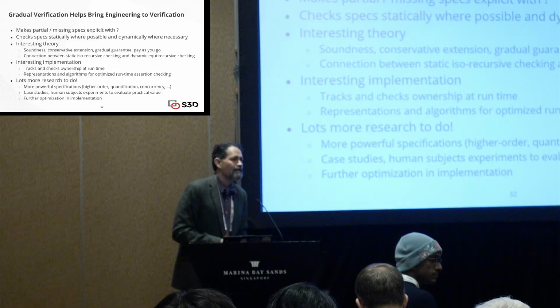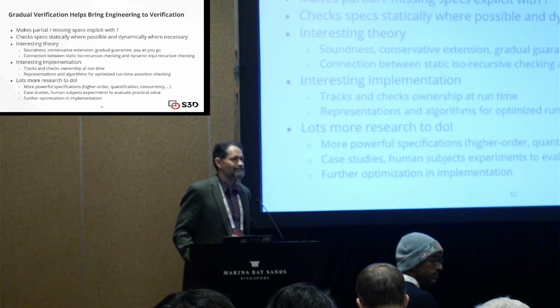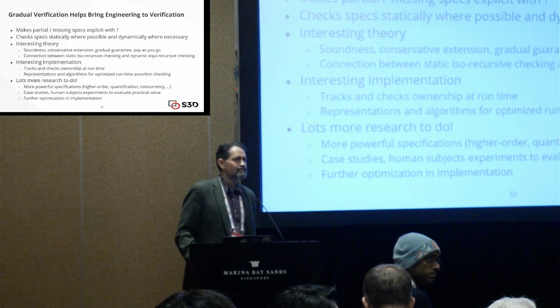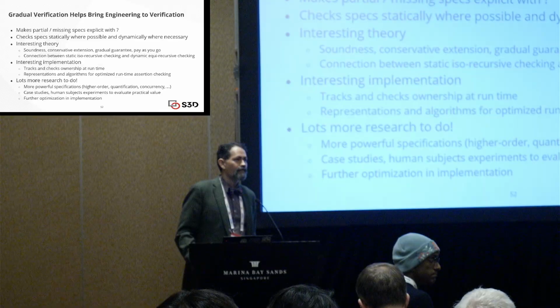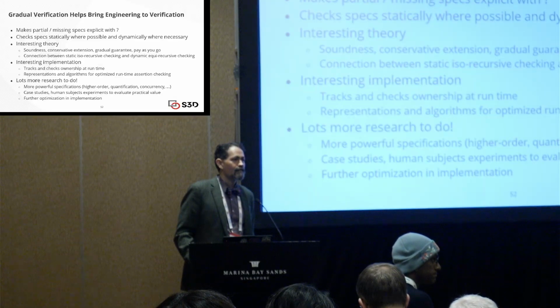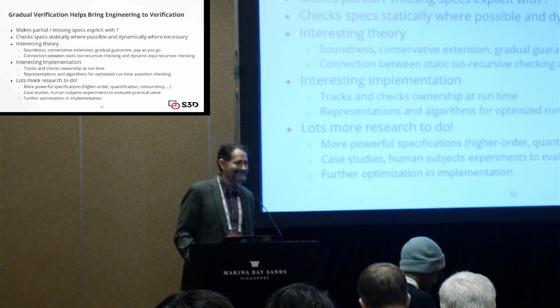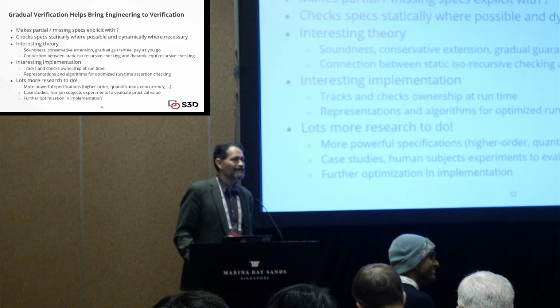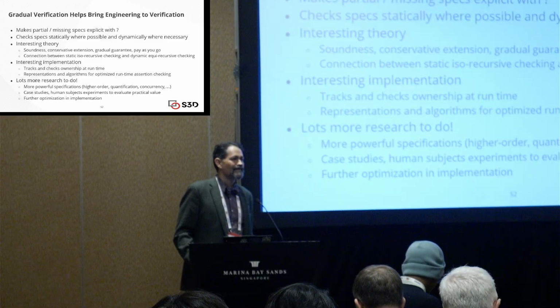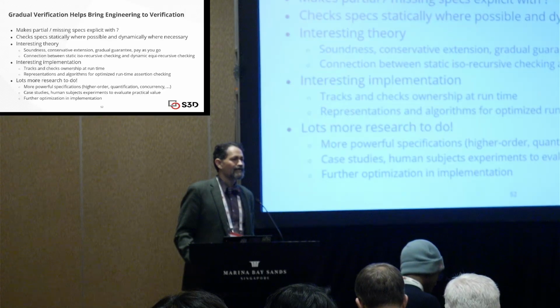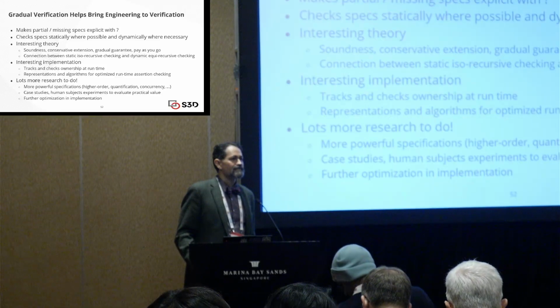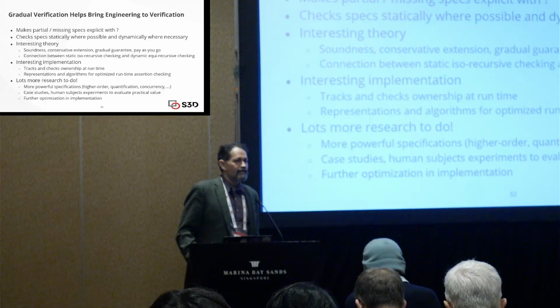But in this case, is there any way that I can distinguish between, I don't know about what ownership I want, versus there is some bit of the functional part of the specification that's missing? Otherwise, it eats all my tokens, and then I get an error because I lost all my accessibility predicates, and not maybe because I couldn't satisfy some precondition. I don't know if that makes sense.